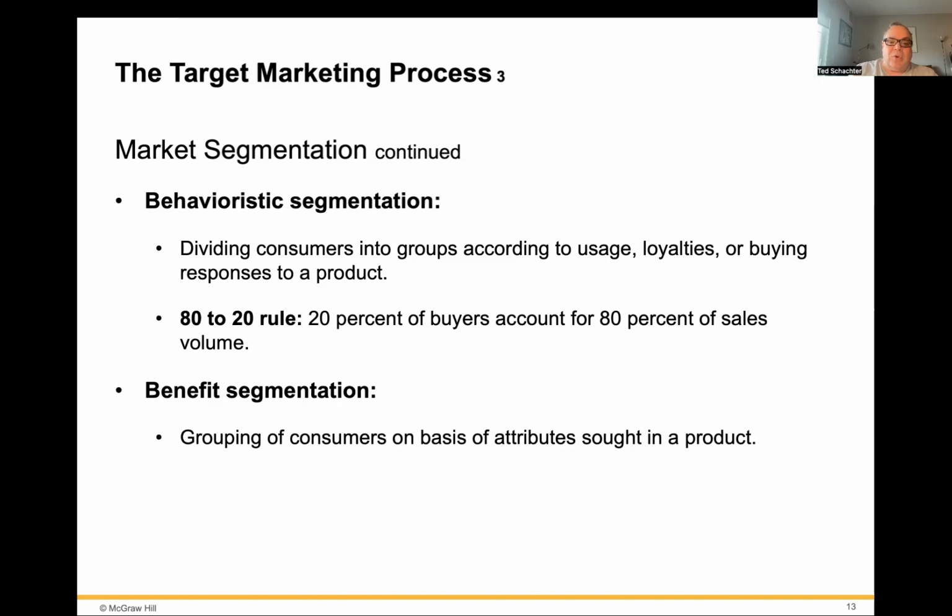The 80-20 rule has been proven over and over and over again for tens and tens of years. And so we need to identify who that 20% is and see if we can expand it or see how we can target them better. So we increase the volume.